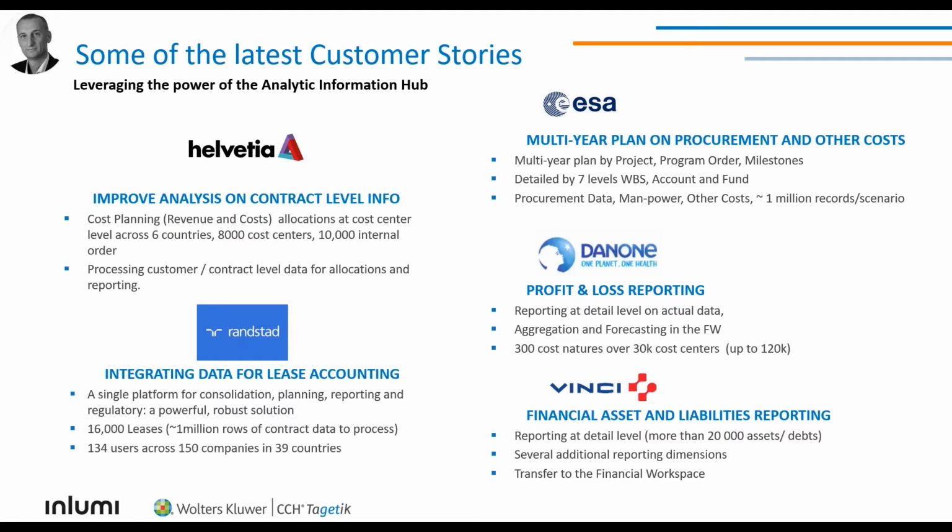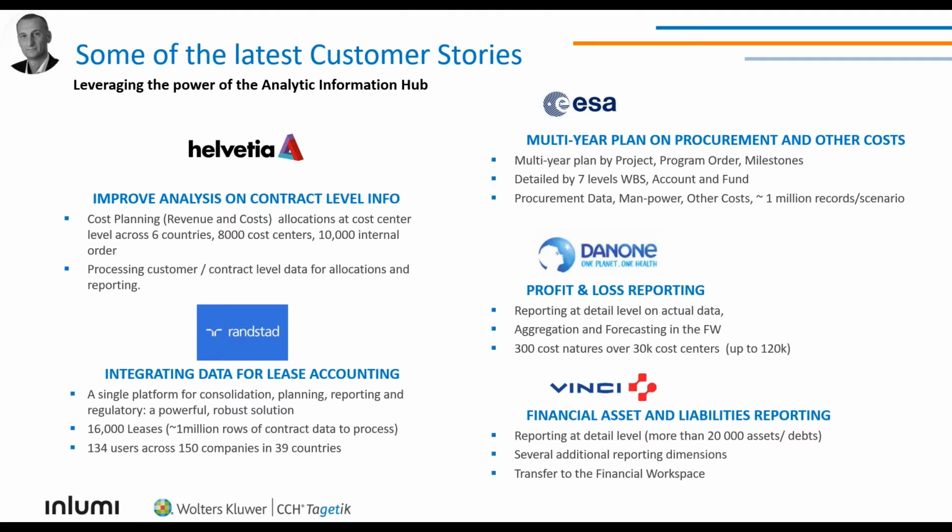So the first one is Helvetia, a large insurance company in Switzerland. So they have CCH Tagetik for reporting, including regulatory reporting for Solvency II. And they extended their data model to improve analysis on contract level information.